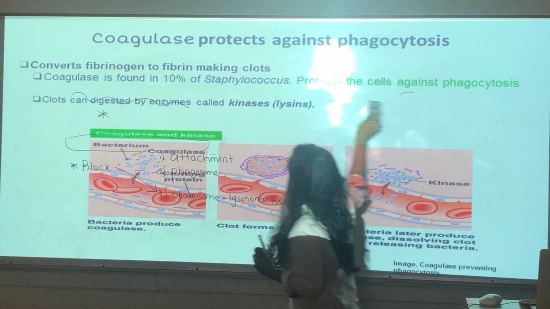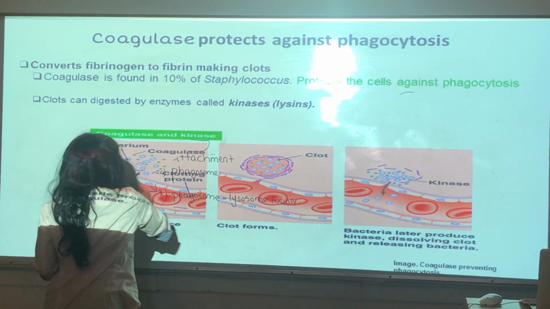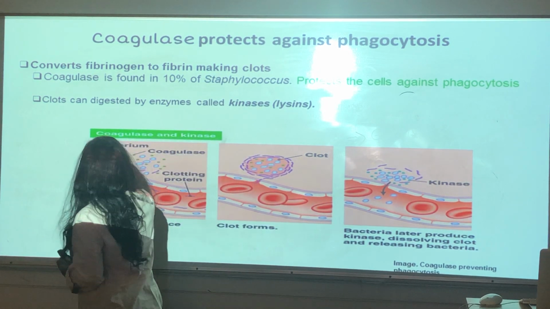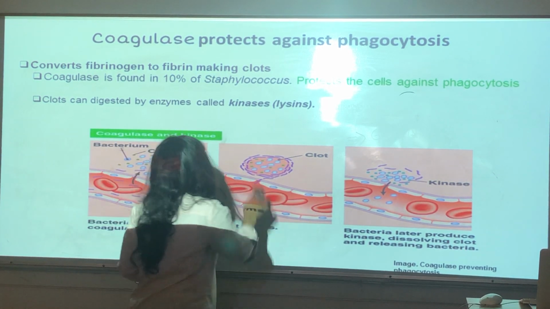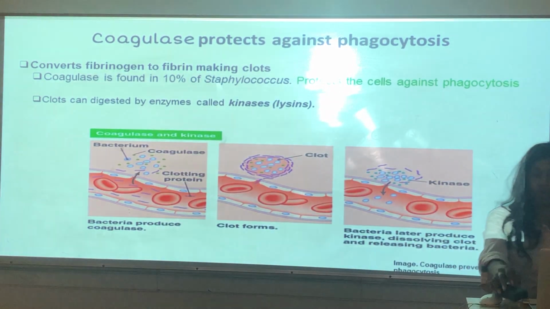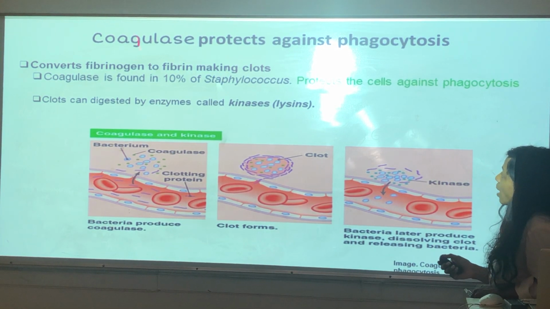So another familiar structure, coagulase. Coagulase is also a factor that protects the microbe against phagocytosis. With coagulase, you have performed this test in the lab and we've talked about it. It will convert fibrinogen to fibrin.